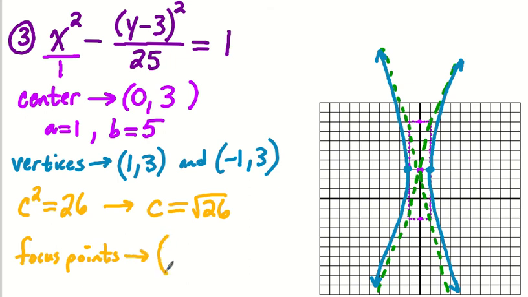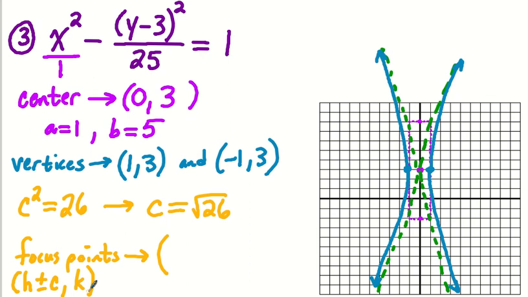So my focus points, again, as a formula, if the hyperbola is opening left and right, it would always be h plus or minus c, comma k.